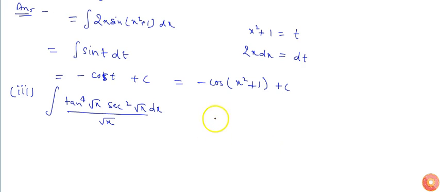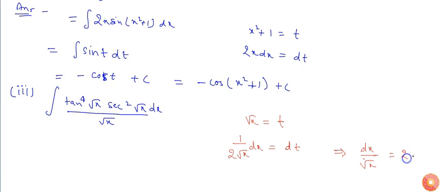If I substitute root x equals t, then the differentiation of root x will be 1 by 2 root x dx equals dt. In the question it is given dx by root x, so I can write dx by root x equals 2 dt.